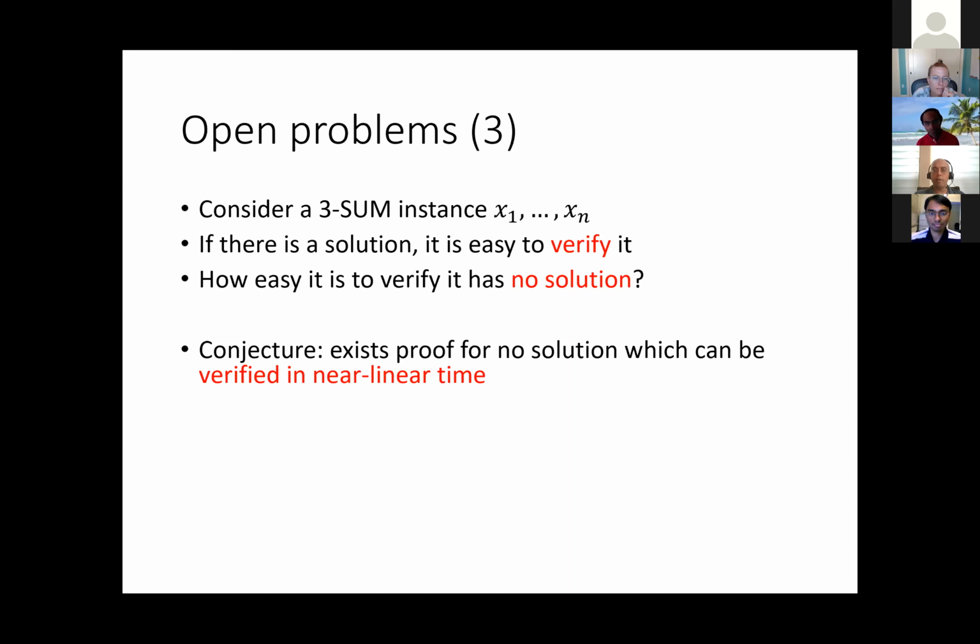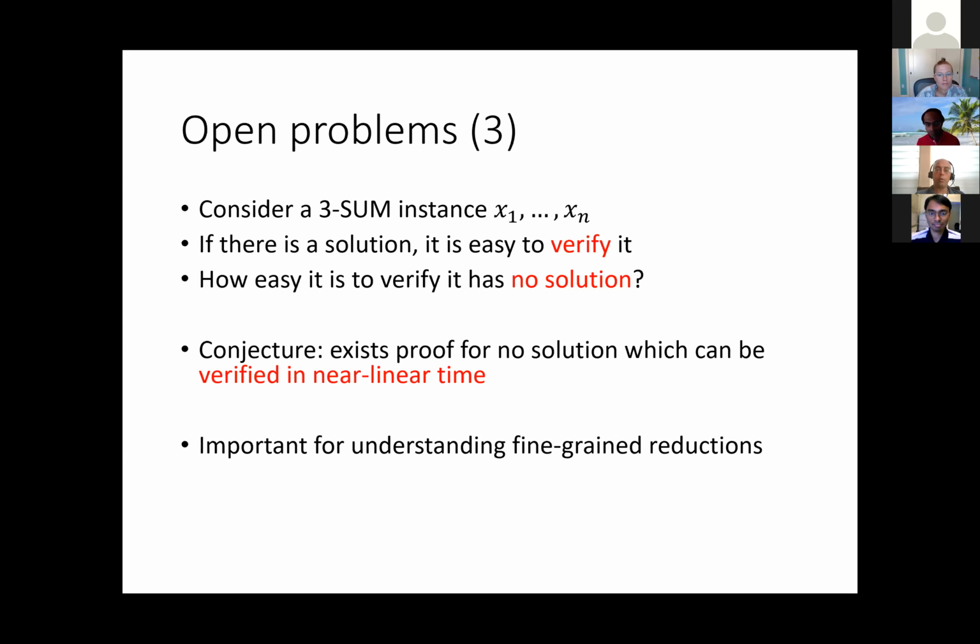The reason I believe this conjecture is that the way we prove our inference dimension result, we know that there is a certificate that can be information theoretically verified that there is no 3-sum solution, and it has only linear length. But we don't know how to do it algorithmically efficiently. But I believe there should be a way.